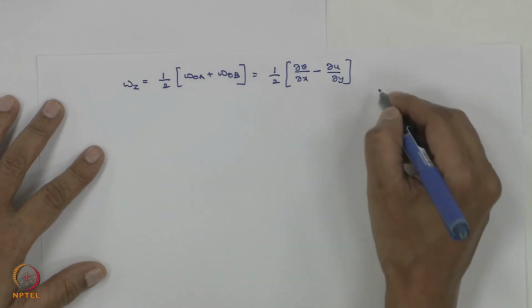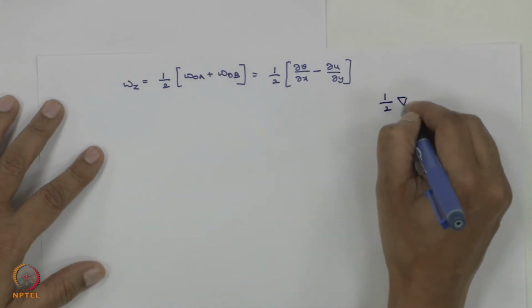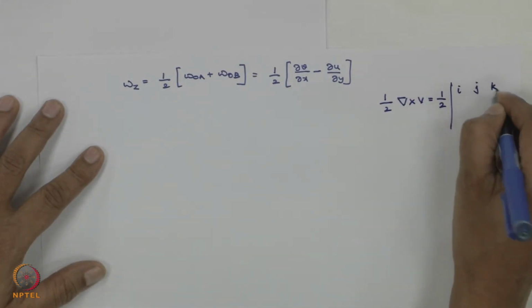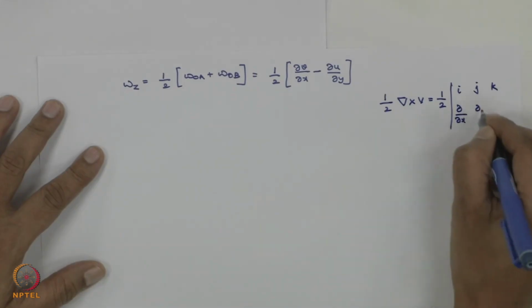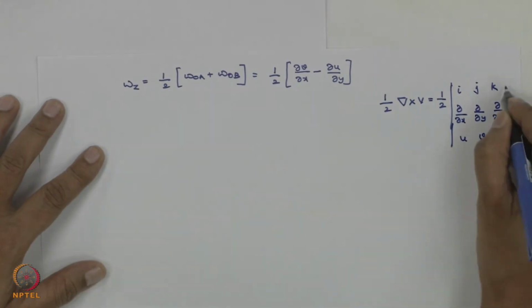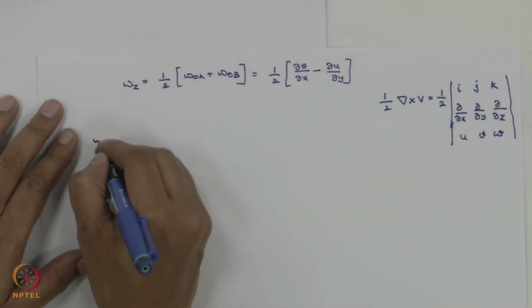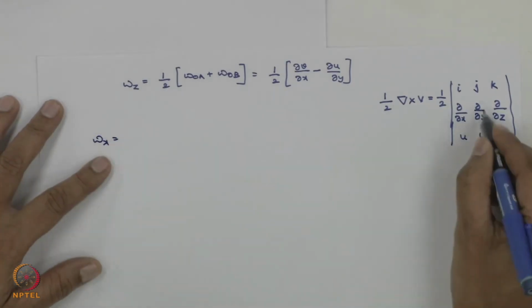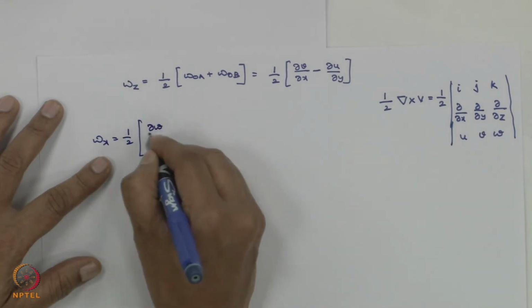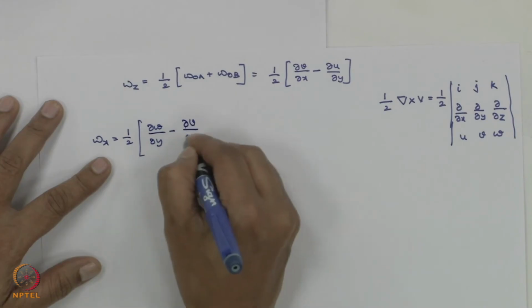Now if you take del cross V, this is half of del cross V. If you take half of the determinant with rows i j k, ∂/∂x, ∂/∂y, ∂/∂z, and u v w, you are going to get rotation in the x direction, ω_x, equal to half of ∂w/∂y minus ∂v/∂z.